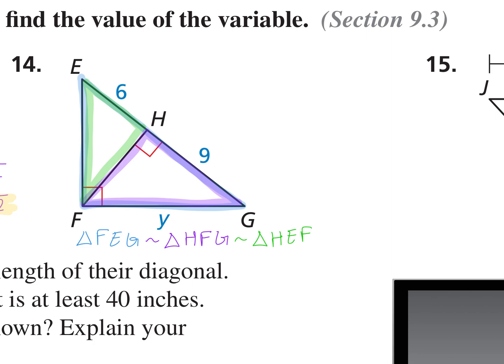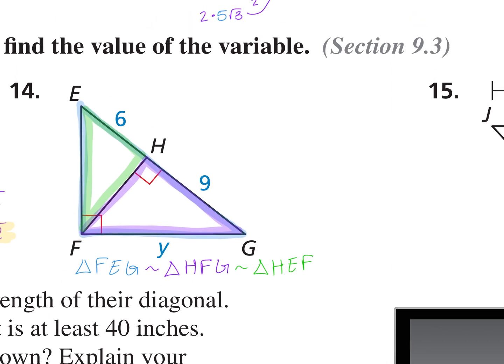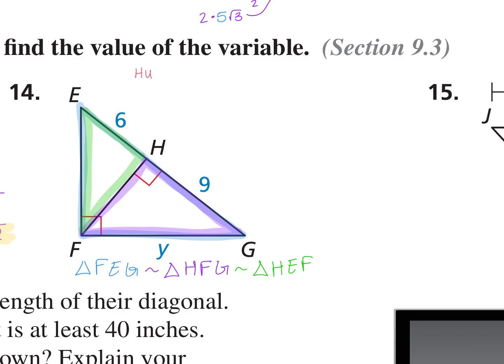So if I'm solving for a leg, I'm going to use the geometric mean rule for my leg. I'm going to have hypotenuse over leg equals leg over the segment of the hypotenuse adjacent to the leg.